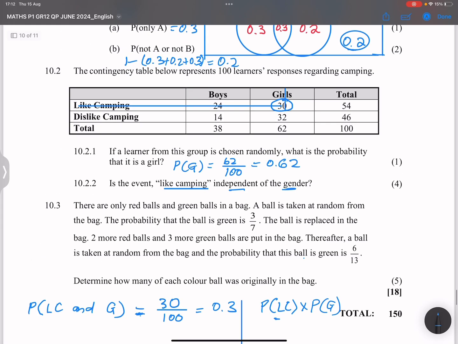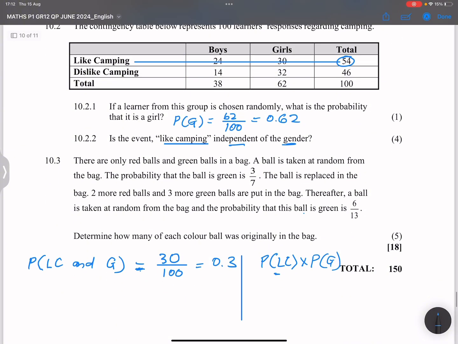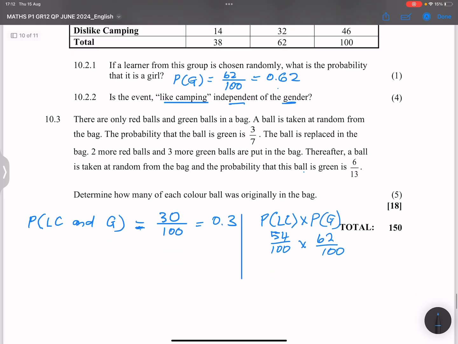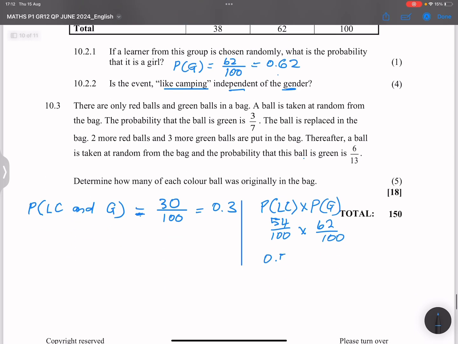You'll see that it's a total of 54. So that would be 54 over 100 multiplied by the probability of girls. We've already found that there. That would be 62 over 100. So that's 0.54 times 0.62.